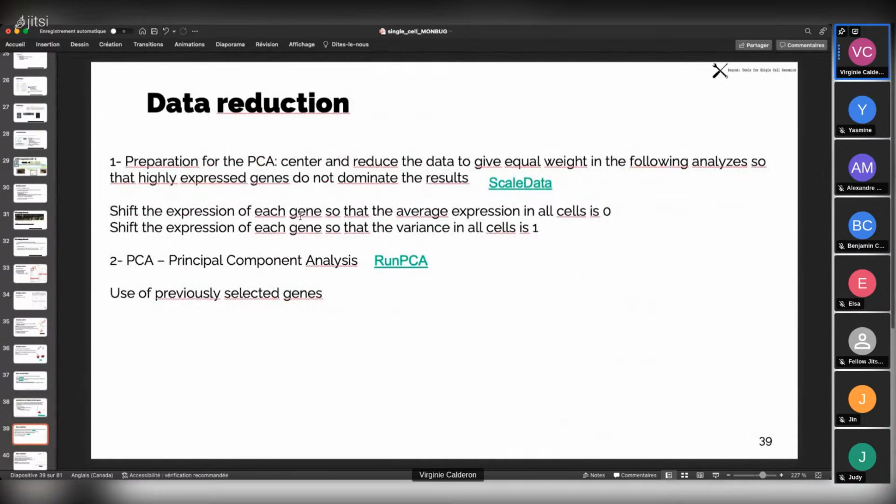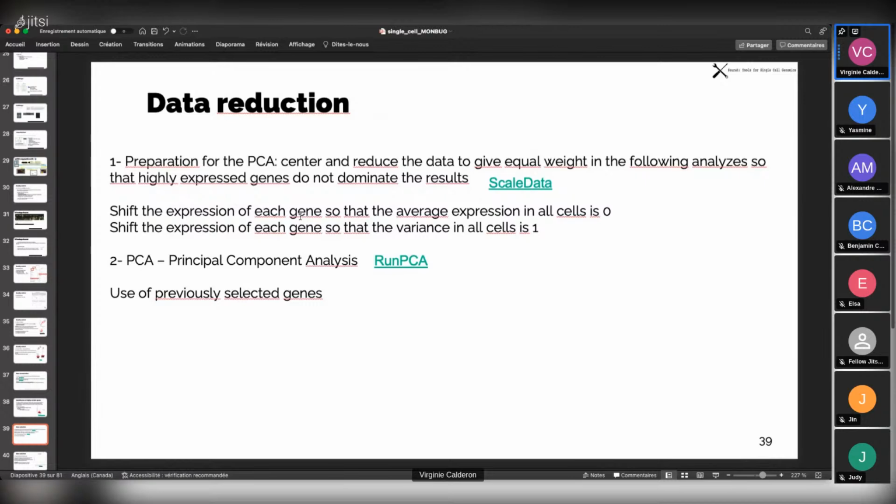Now that we have selected these features, we can prepare for the data reduction. For that, we will center and reduce the datasets to give an equal weight in the following analysis, so that highly expressed genes do not dominate the results. We can use the ScaleData function of Seurat to do that.